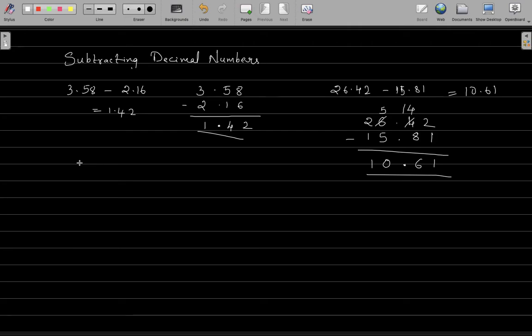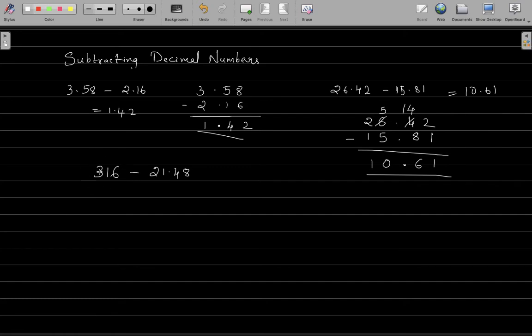Say I want to subtract a 3-digit number, 316, minus, say, 21.48. Now how are we going to do this?